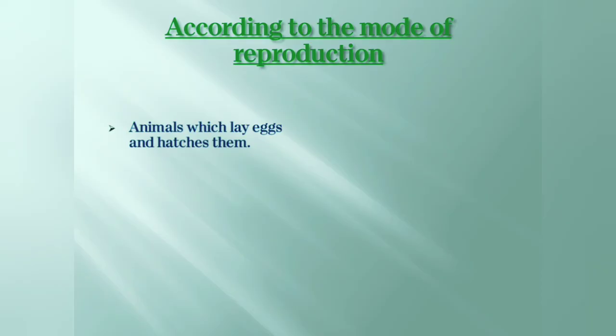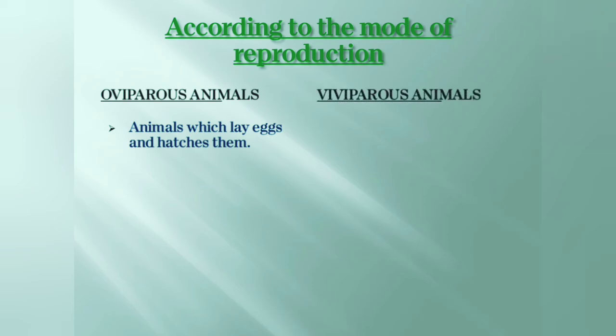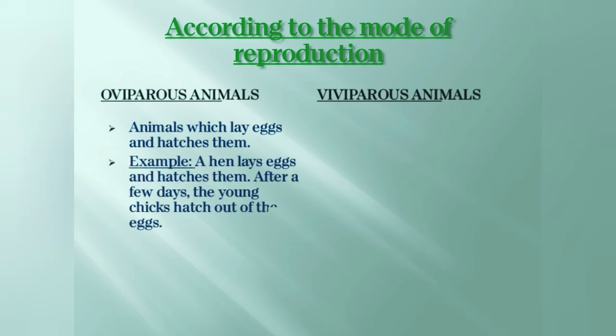Next, according to the mode of reproduction. There are two types of mode. The first one is oviparous and the second one is viviparous. In oviparous, animals lay eggs and hatch them. For example, a hen lays eggs and hatches them. After a few days, the young chicks hatch out of the egg.